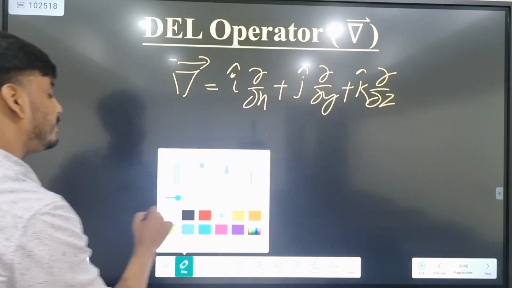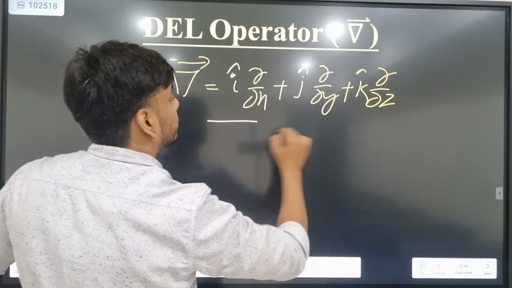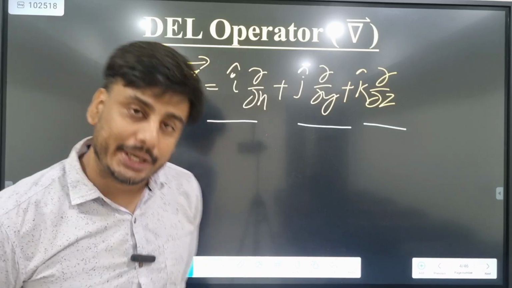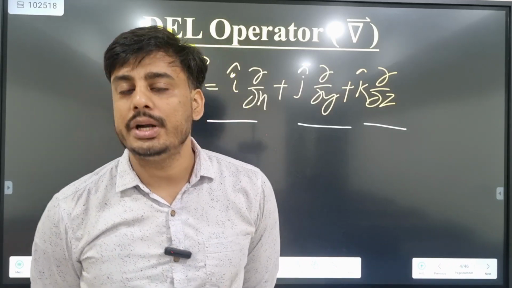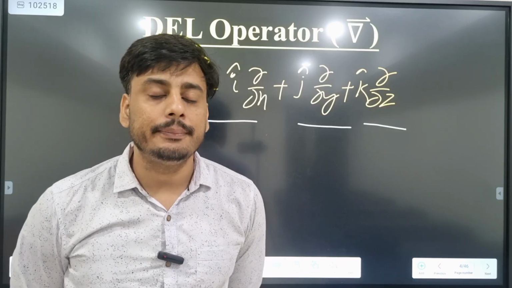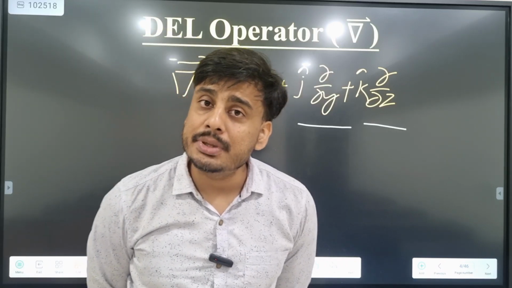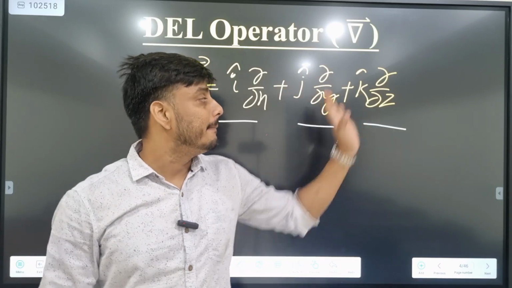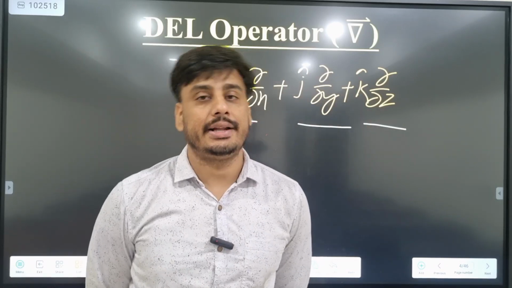I cap, j cap, k cap are the x, y and z components, so it is a vector operator. And del by del x represents the partial derivative with respect to x, then with respect to y, and with respect to z.